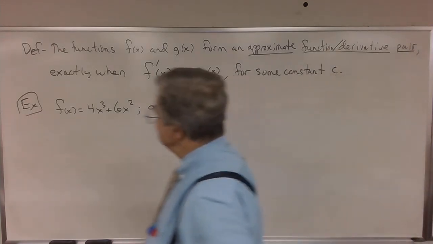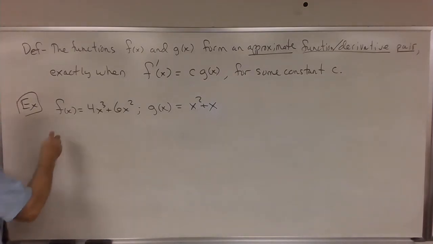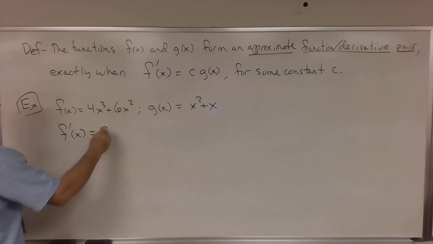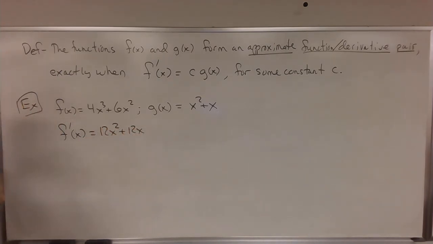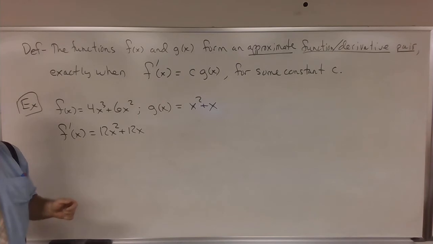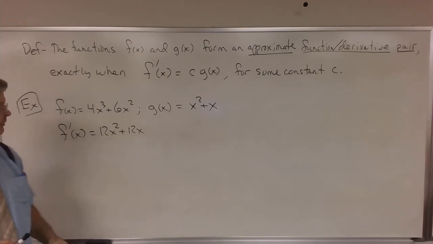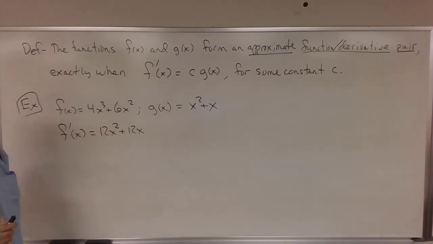So let's take this as an example. F prime of x is equal to 12x squared plus 12x. So clearly, f and g of x don't form a function derivative pair. The derivative of f of x is not the same as g of x.